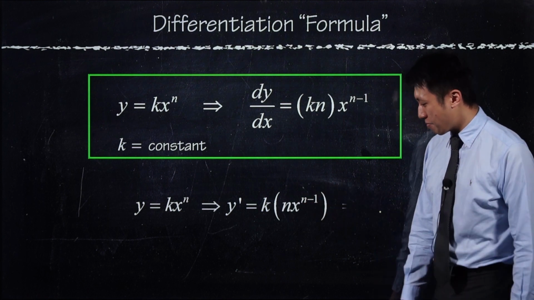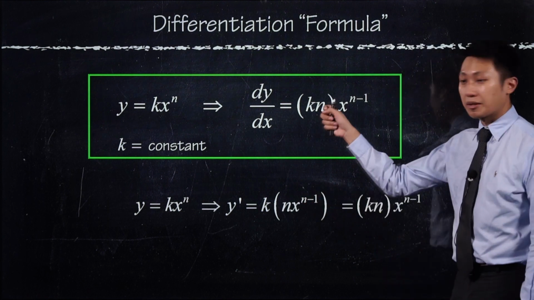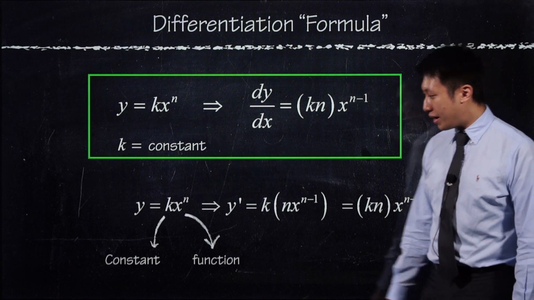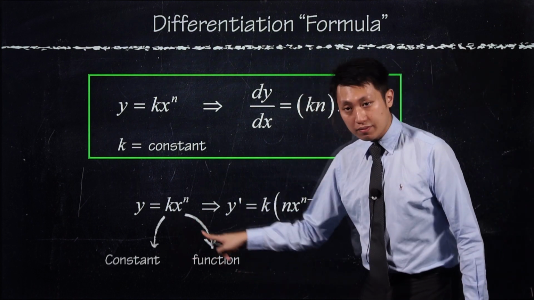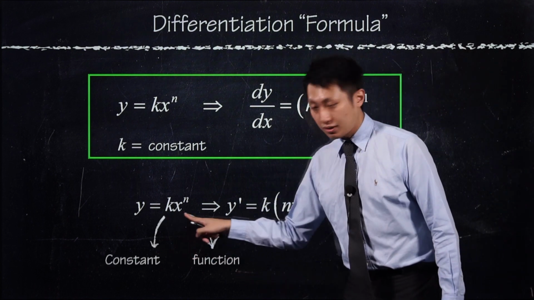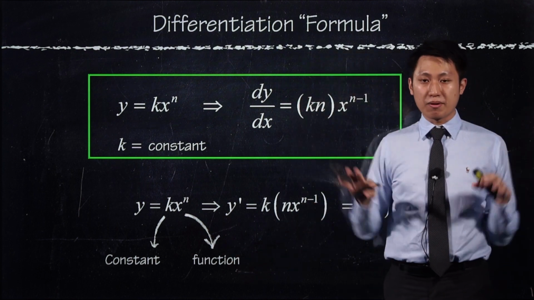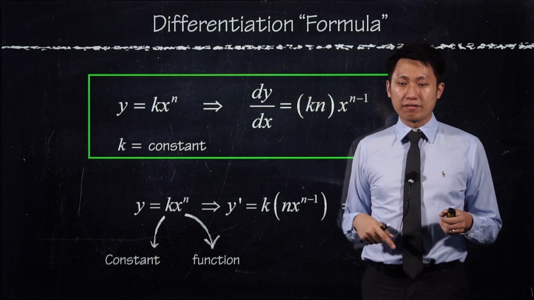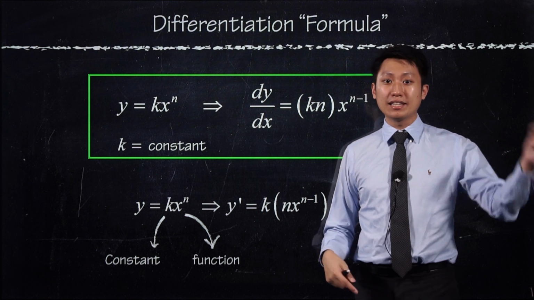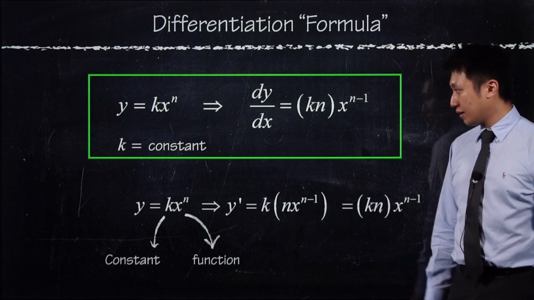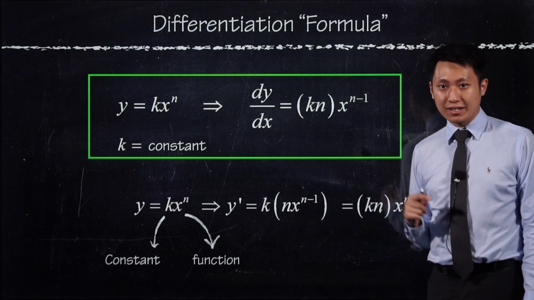That's what we get, which is exactly this one. This one is a constant, this one is a function. That's why you can separate them, differentiate the function only. The constant, bring it out, later multiply it back. Great. So this one I treated as you know already.